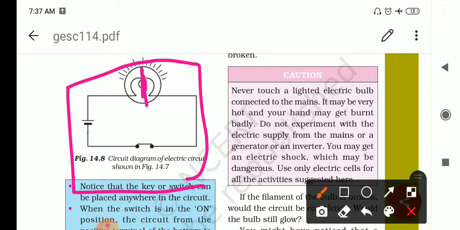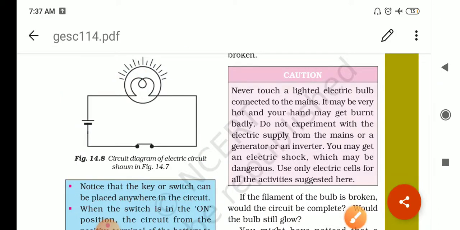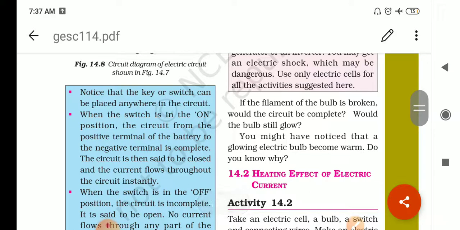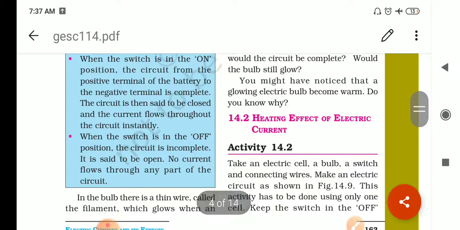Somewhere it has broken, it means now the electricity will not flow. When all the things in the circuit are intact, when everything is connected, then only the electricity will flow in the circuit and the bulb will glow, or any of the apparatus which is attached here will work.